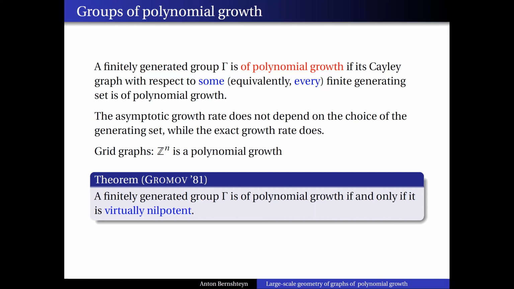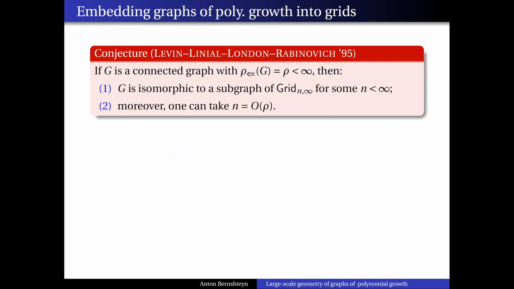It is Gromov's theorem, which says that a finitely generated group is of polynomial growth, which is this soft geometric condition, if and only if the group is virtually nilpotent, which is an algebraic property. All right, so these are some motivating examples.